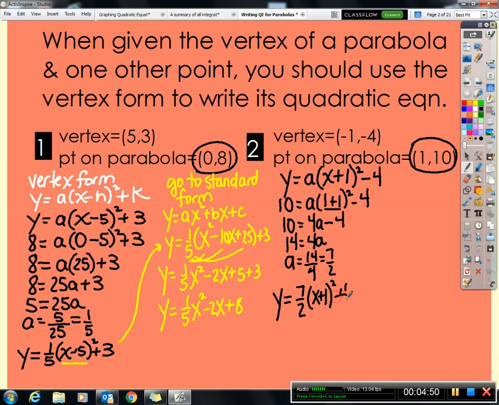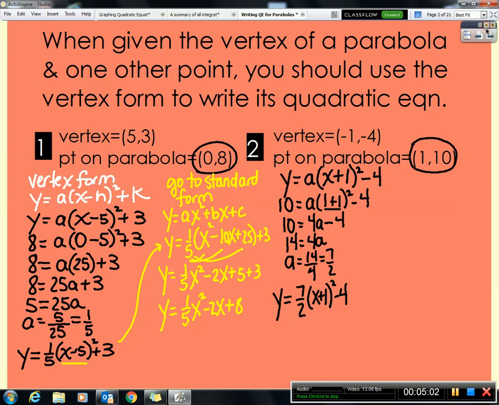If it doesn't specify to go to standard form, then you can stop right where you are. If it says go to standard form, then we start working out order of operations. So from here, I'd have to say y equals 7 over 2. I need to square the (x plus 1) squared. So first squared, first times second is 1x and double it. Second squared is 1.